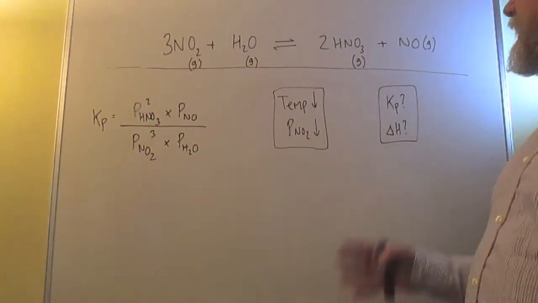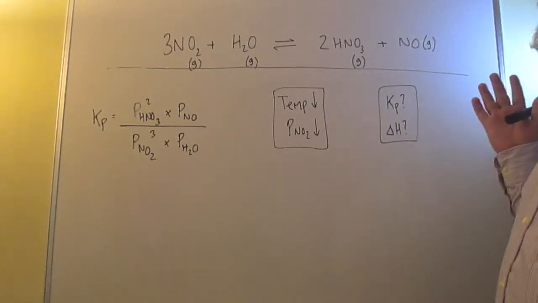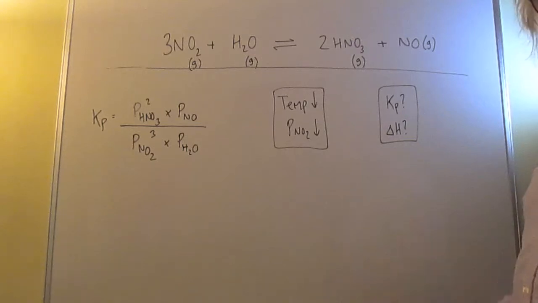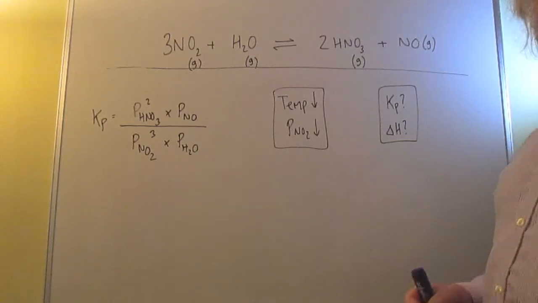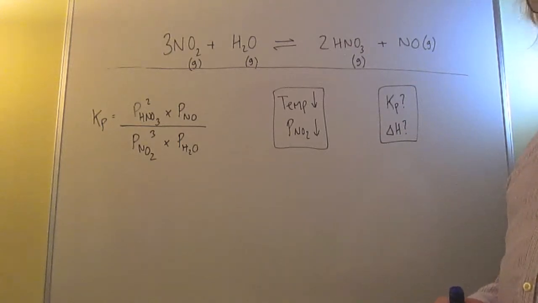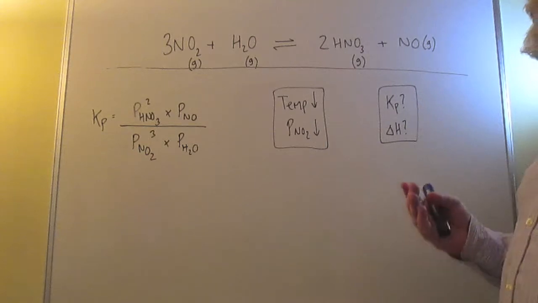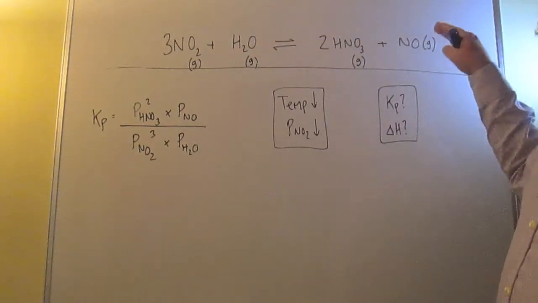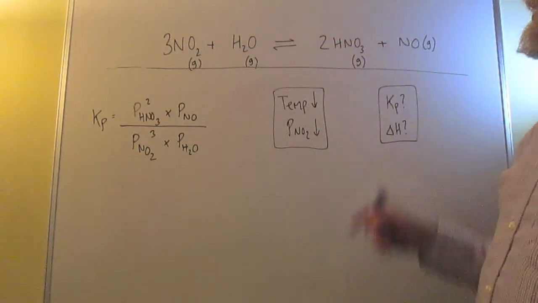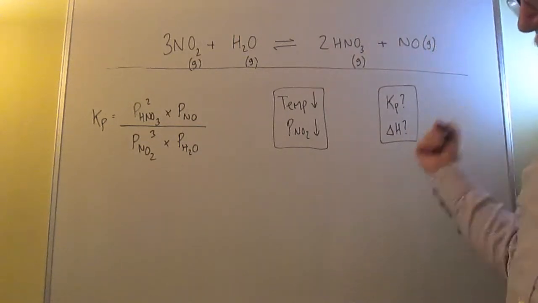Turning to delta H then, we now have to use Le Chatelier's principle to figure out what went on here. With temperature changes, as far as A-level is concerned, that's the only way to figure out how the equilibrium is going to respond. So we already know that it shifted to the right because the amount of NO2 decreased and the Kp got bigger.